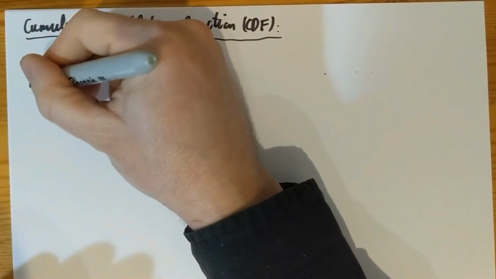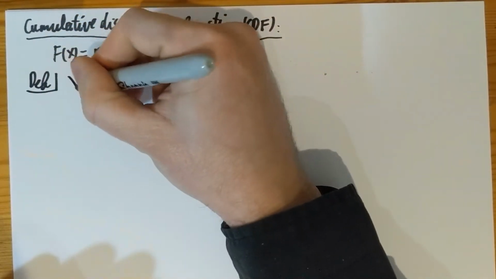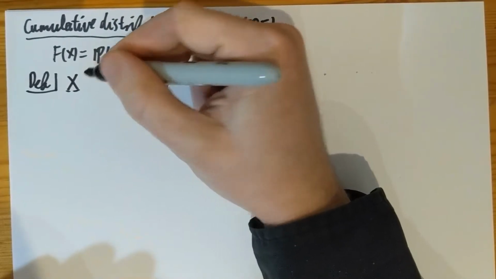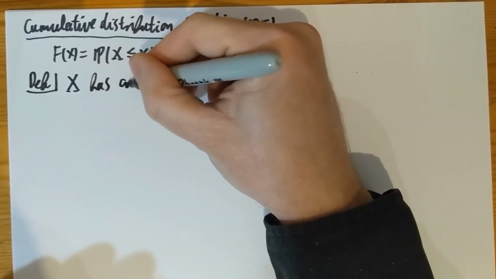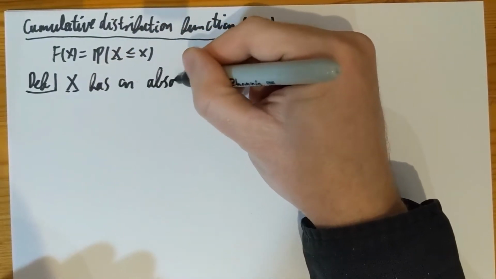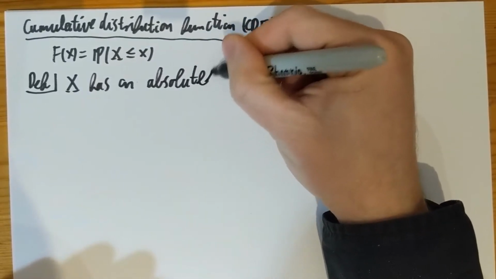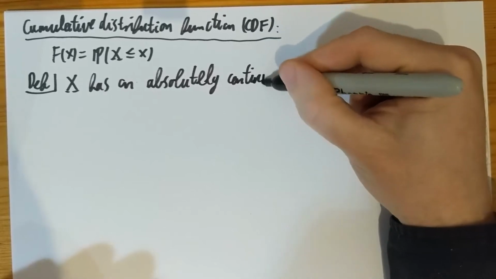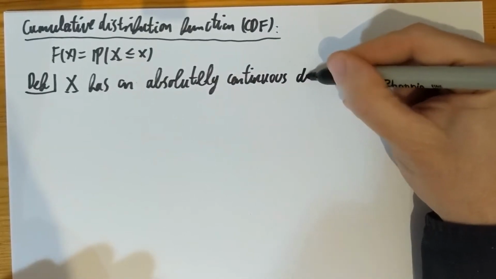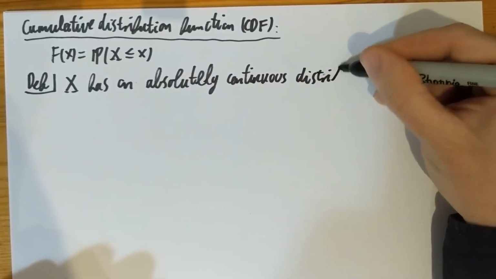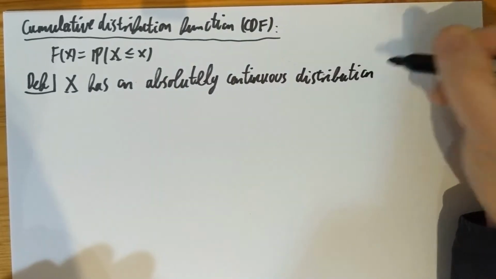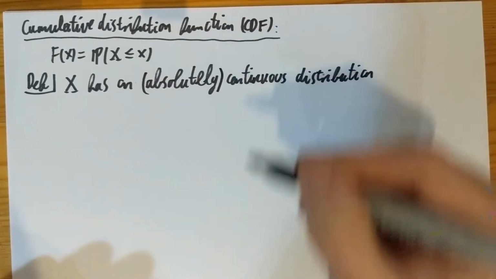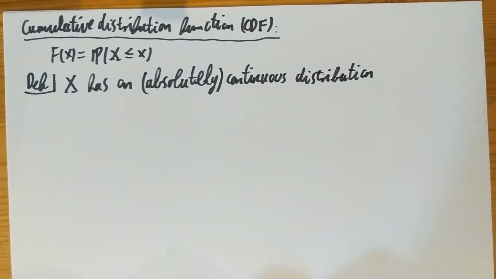So the definition of a continuous random variable: X has an absolutely continuous distribution, and people sometimes just don't say continuous, and I sometimes just don't say absolutely. I often will not say absolutely.